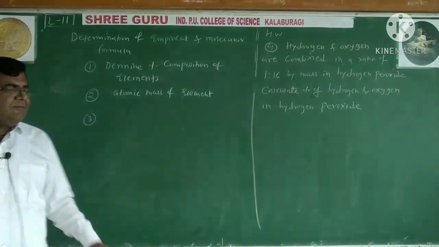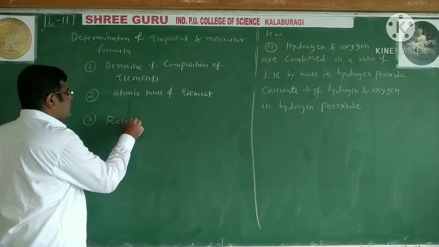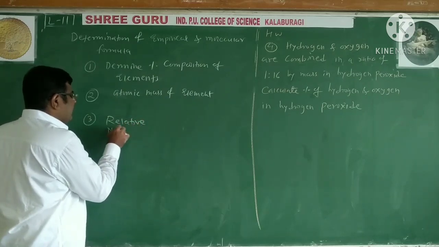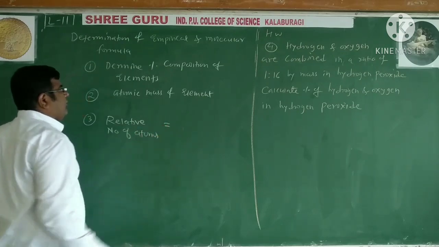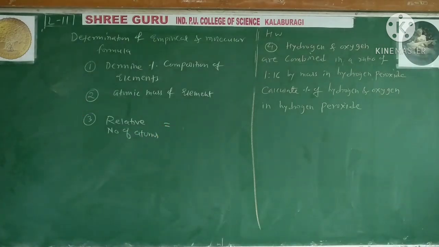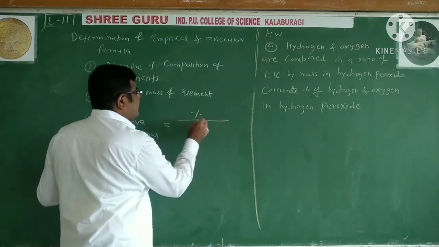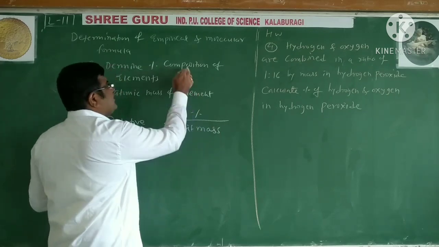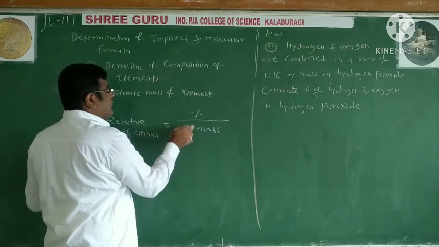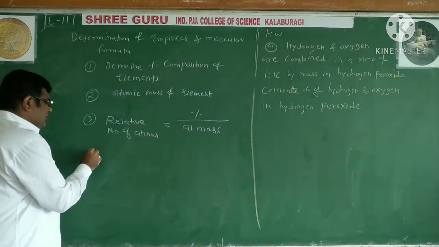Third thing, we have to calculate relative number of atoms. This is calculated by dividing percentage by atomic mass. This is percentage in step 1. Step 2 is atomic mass. Percentage by atomic mass, relative number of atoms.